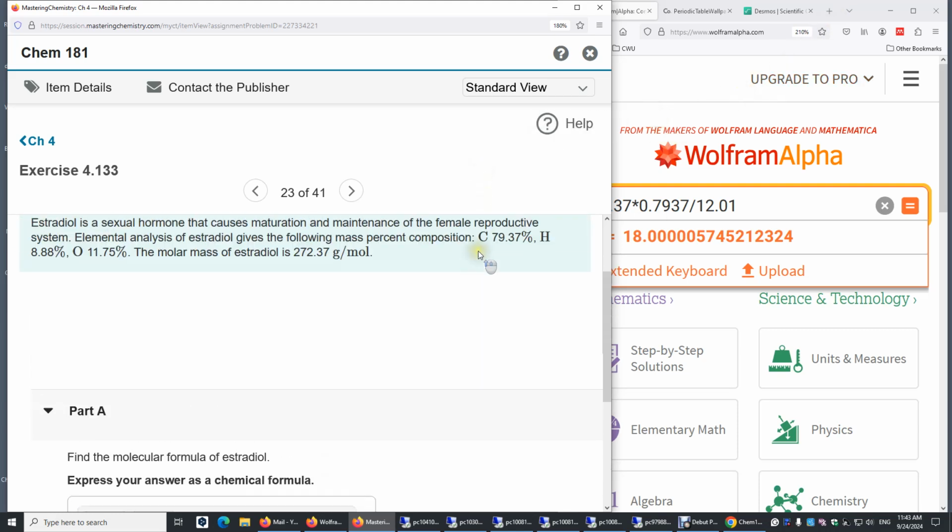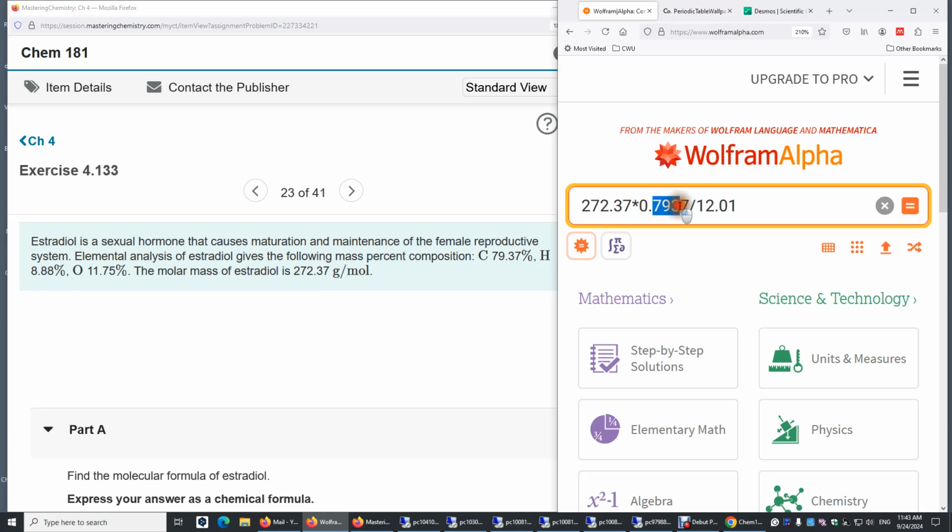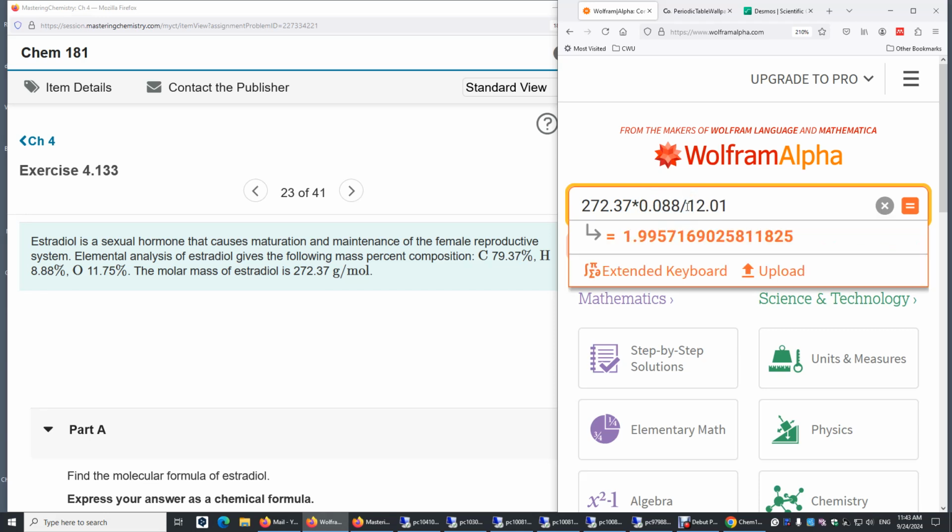Now get back to hydrogen, 8.88%. The molar mass of hydrogen is 1.008.